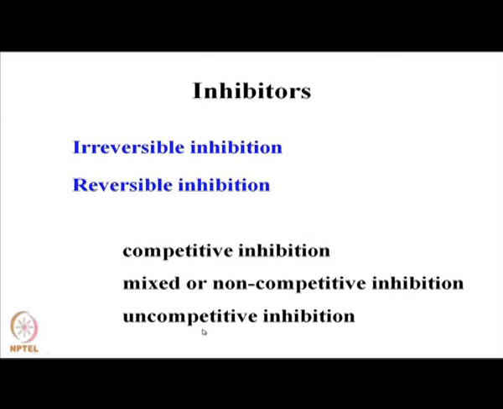So, competitive, non-competitive, uncompetitive. These are the three types of inhibitors. You can call them a competitive inhibitor, a non-competitive inhibitor, or an uncompetitive inhibitor.